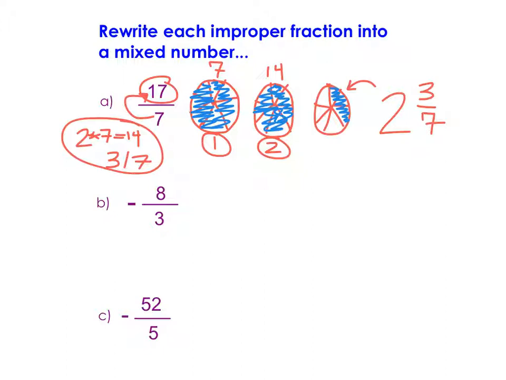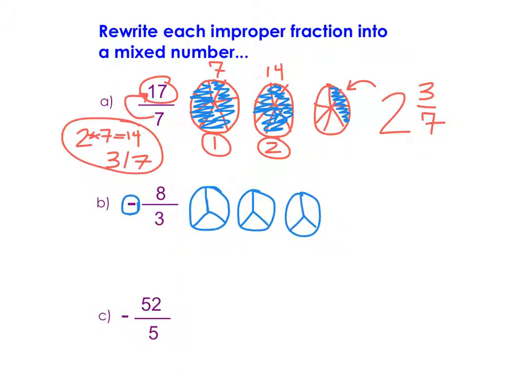So now if you look at this next example, we have -8/3. Now don't let this negative confuse you. Just remember that your final answer is going to be a negative. That's really what that negative is telling you. So let's worry about the 8/3 piece first. If we draw this out, there's 3/3, there's 6/3, and there would be 9, which we don't quite need.